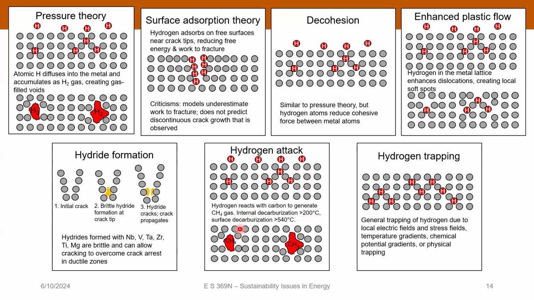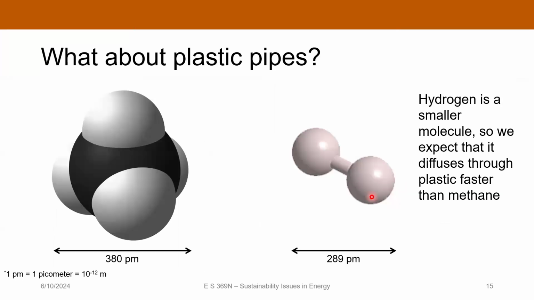You've got carburization and decarburization reactions at higher temperatures. And you can even just trap the hydrogen in the steel, which tends to weaken it. So these are all bad things that happen with steel pipelines, and you have to think very carefully about the material your pipes are made of if you want to move hydrogen through an existing pipeline.